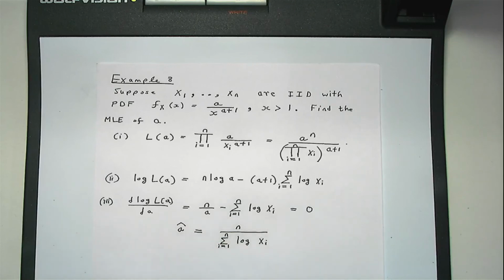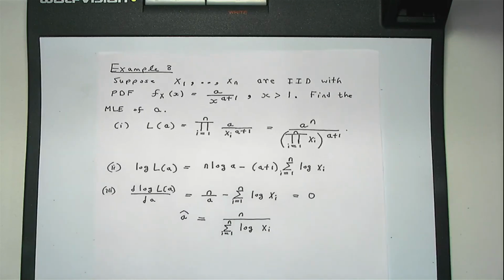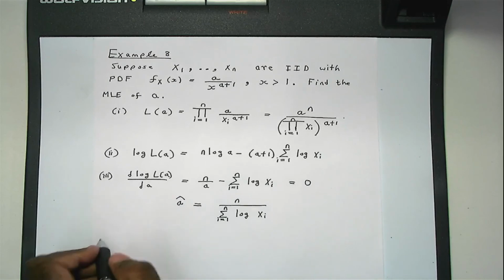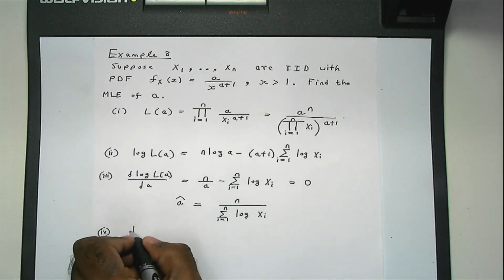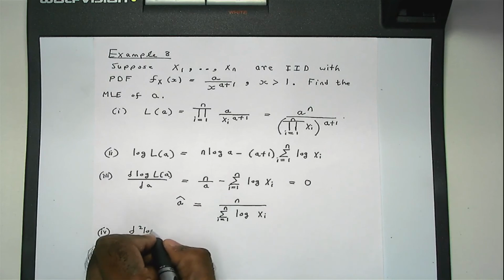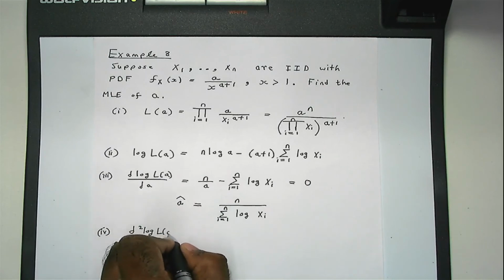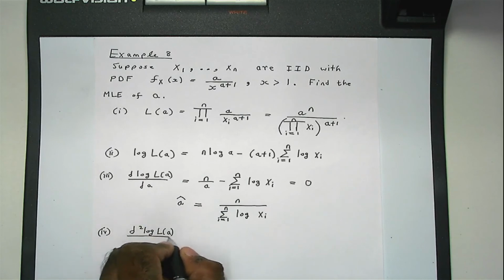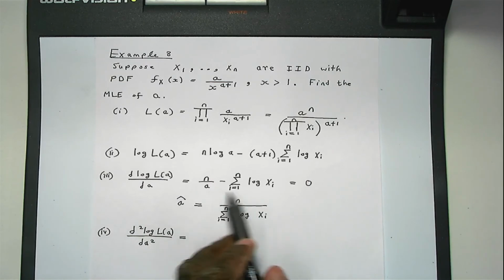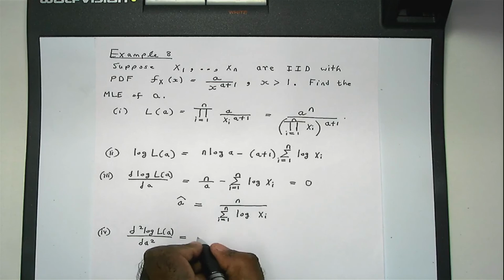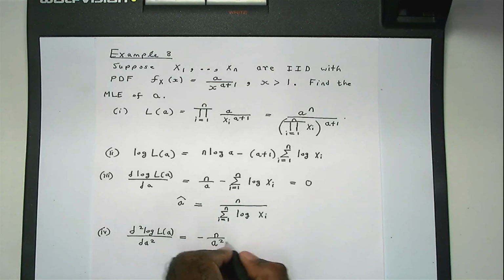And finally, step 4. The second order derivative, which is the first order derivative of this, is minus n over a squared, which is clearly less than 0.